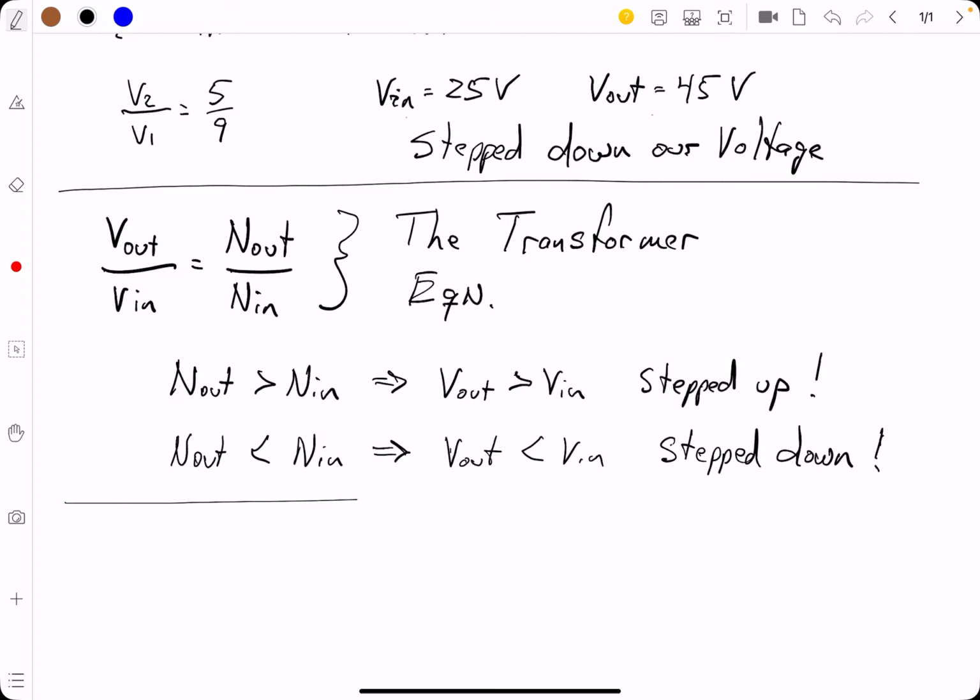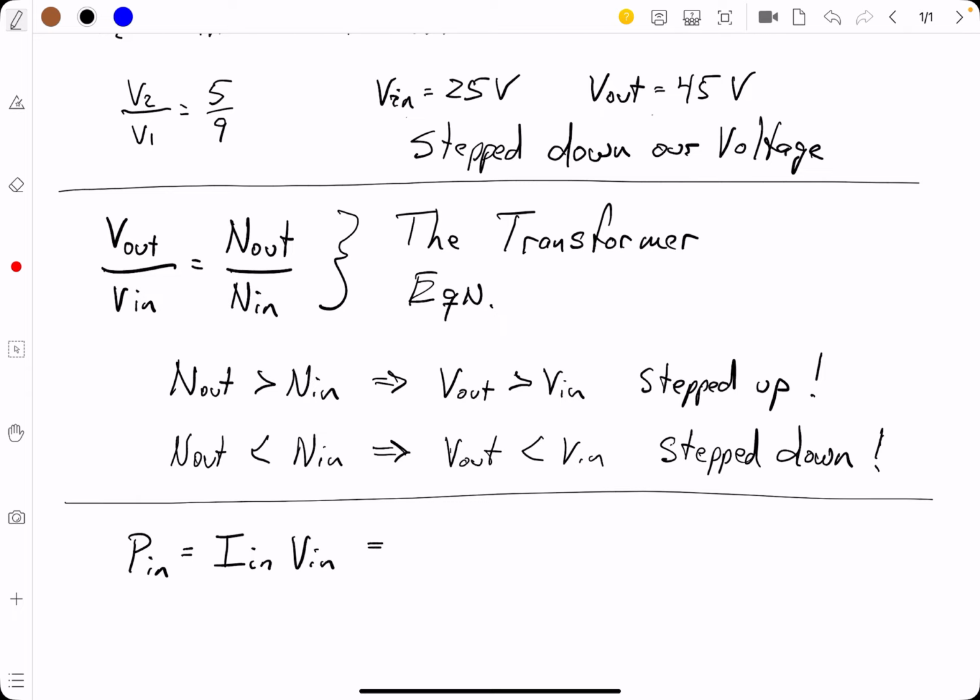So let's talk about the power situation. So we have P in, that's equal to our current going in and our voltage going in.